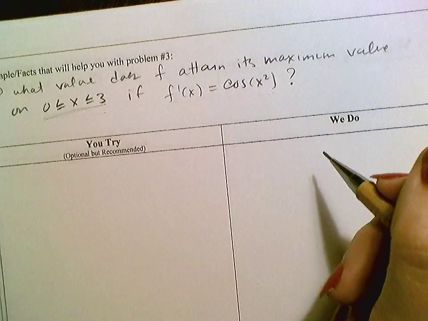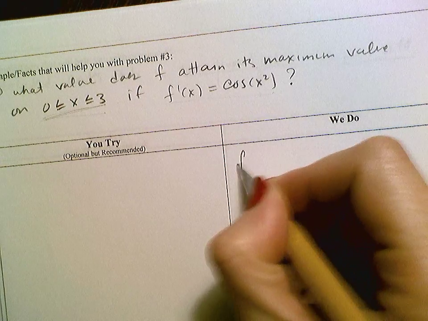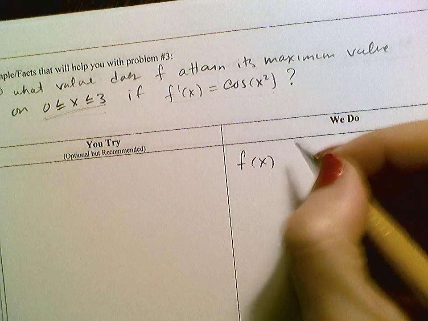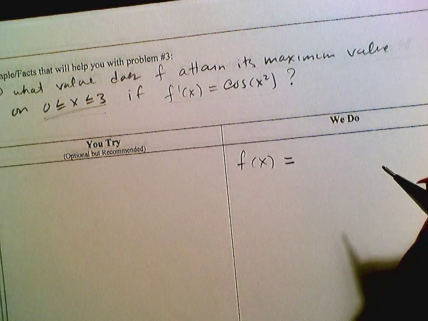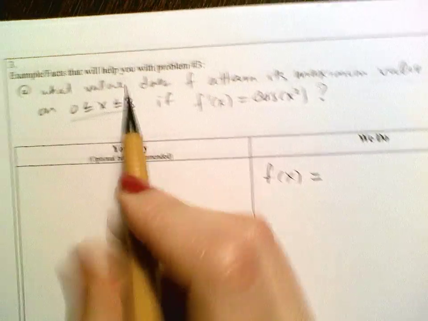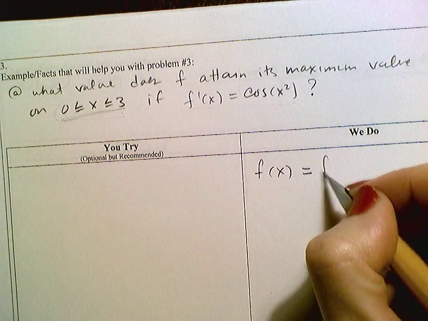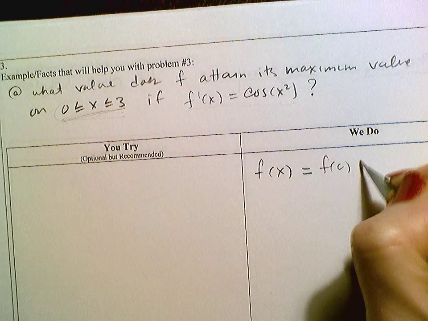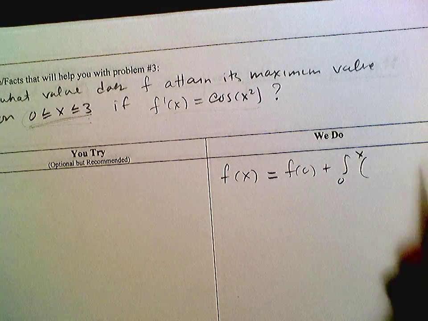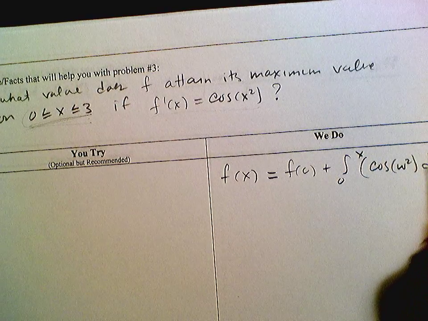All right, so in the we do section, let's say that f of x, because this is what we want the maximum of, is equal to f of 0, whatever it is, plus the integral from 0 to x of cosine of w squared dw.